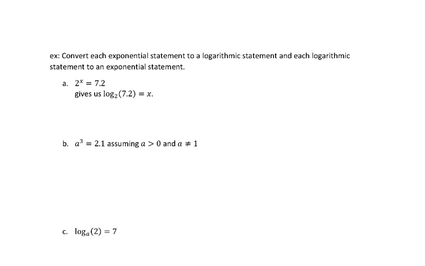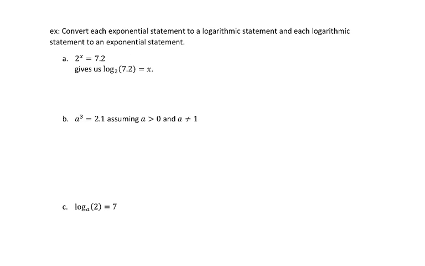Now, what we're going to do is use that to convert each exponential statement here to a logarithmic statement, and any logarithmic statements to an exponential statement. Being able to convert from one to the other is very useful. In the first one, we have 2 to the x is 7.2. From here, we can obtain the logarithmic statement.